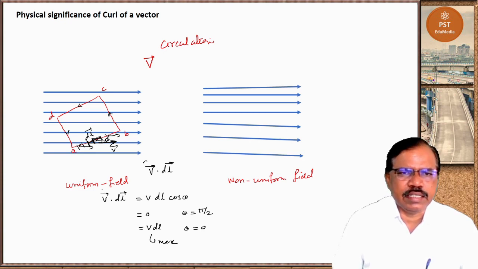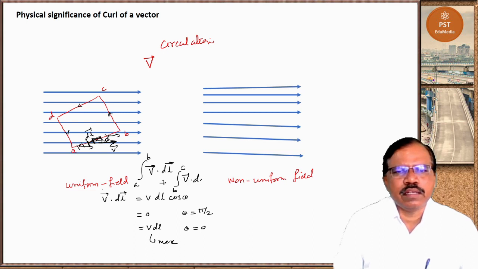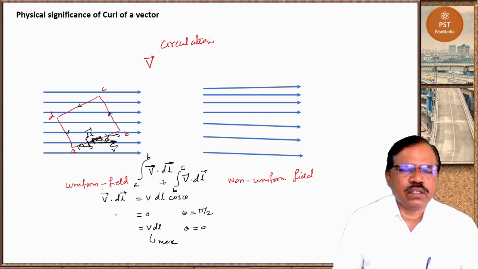So that is integration. Integration from A to B plus integration from B to C of v dot dl means we have to find the total integral.